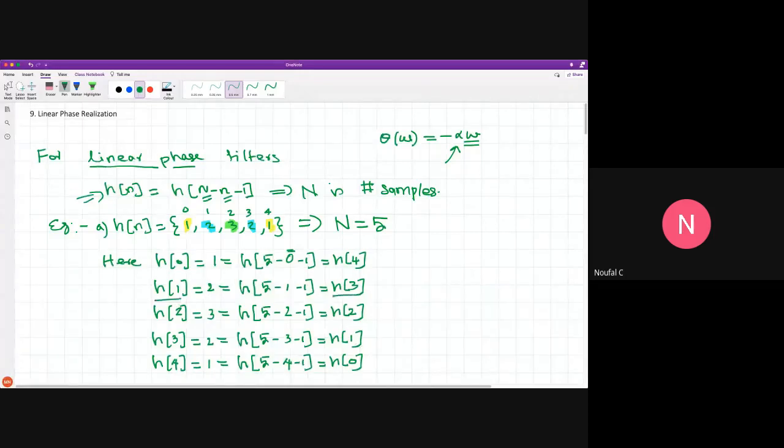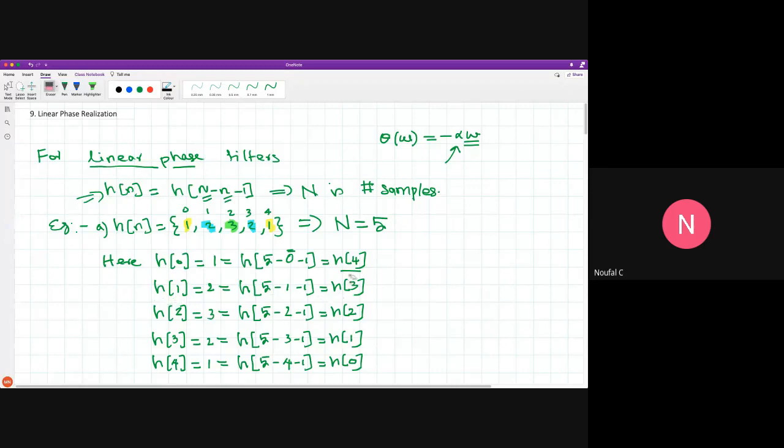Even if you move further, h of 4 is in fact 1. That is equal to h of 5 minus 4 minus 1, that is h of 0. So h of 4 and h of 0 are equal. We had already examined that equation in the first case itself. So what does it say? This says that the impulse response is symmetric with respect to its center point.